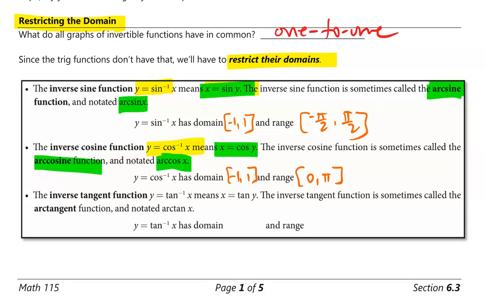Then the inverse function y equals inverse tangent of x means x is equal to tangent of y, and the inverse tangent function is sometimes called the arctangent function, notated arctan of x, and it has a domain from -infinity to +infinity and a range of from -pi/2 to pi/2.